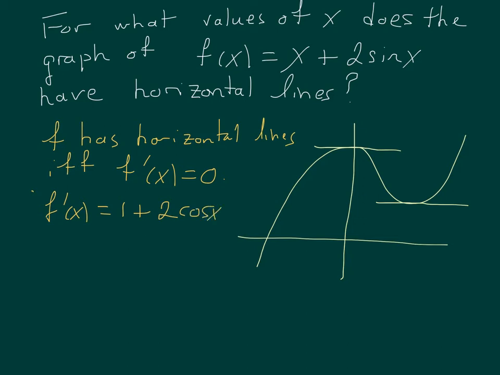And we want to know where that's equal to 0. Well, that's going to be equal to 0 exactly when cosine of x is equal to minus 1/2. So this question is now just about determining when cosine of x is equal to minus 1/2. So let's do that.